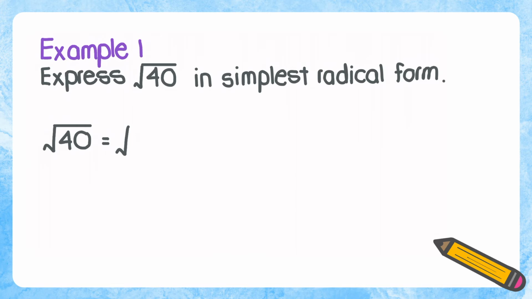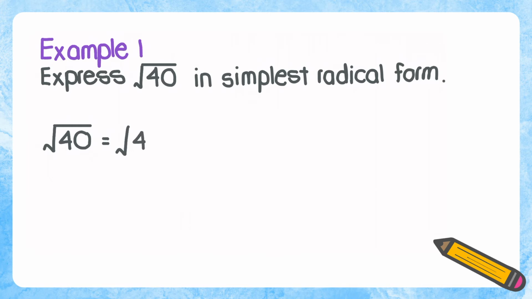What's the biggest perfect square that can divide into 40? So for example, 36 is a perfect square, but I can't divide that into 40. And then I go down a little bit. 25 is a perfect square, but that wouldn't work either. 16 wouldn't work. 9 also wouldn't work. But 4 is a perfect square and it also divides into this number 40.